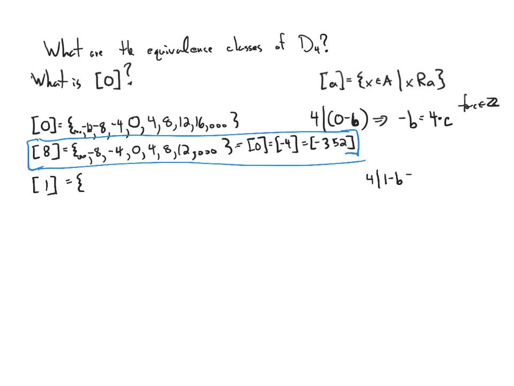Okay, now that we're back, let's do that same idea. So it's everything, so 1 minus b equals 4 times c. And let me rearrange that for b. So this is the same thing as saying that, in fact, maybe we'll solve for -b as 4c plus 1.